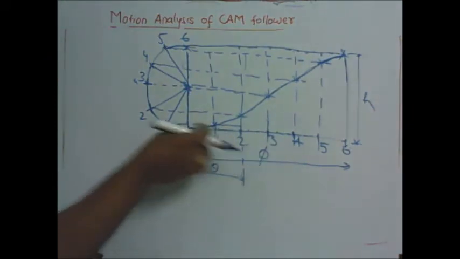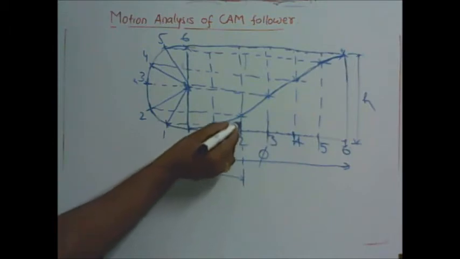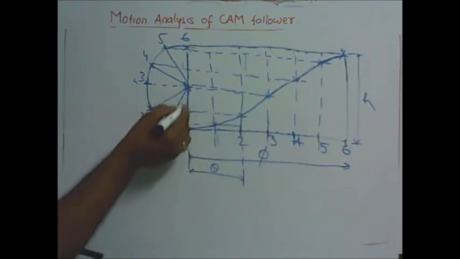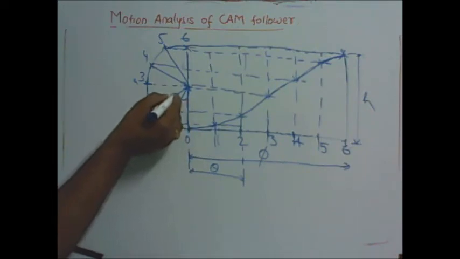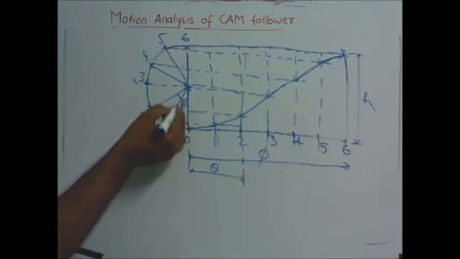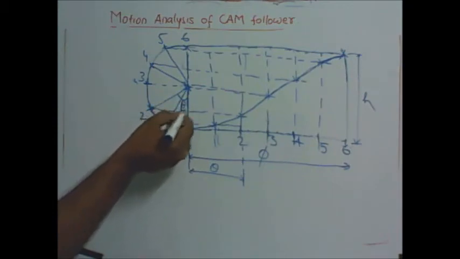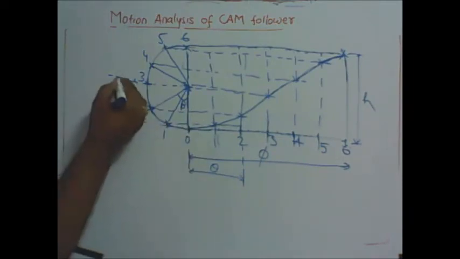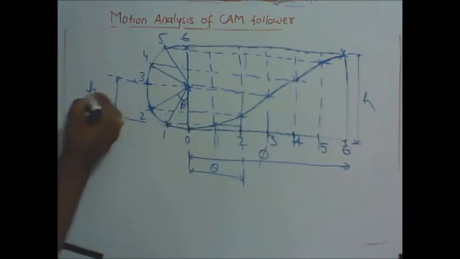Then in simple harmonic motion, to get that intercept we have to move up to this point. So from the 0 degree position to 2 we have to turn through beta. This is nothing but the harmonic angle that we have discussed earlier. Now what is this value? This total is h, so this part will be h by 2.